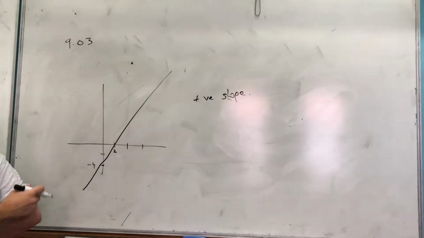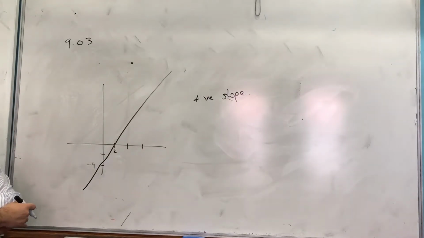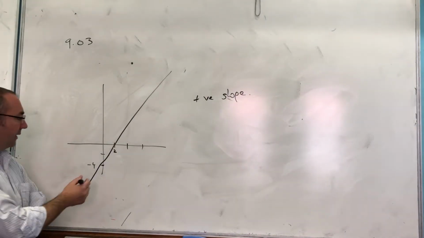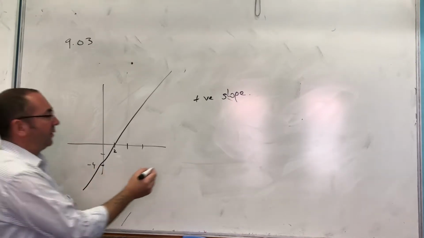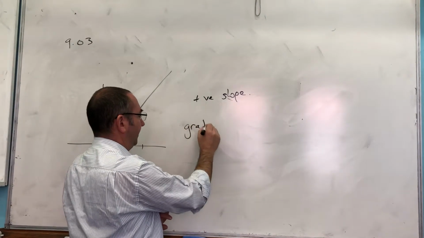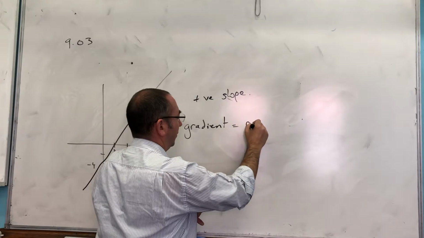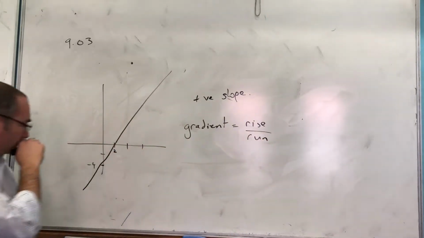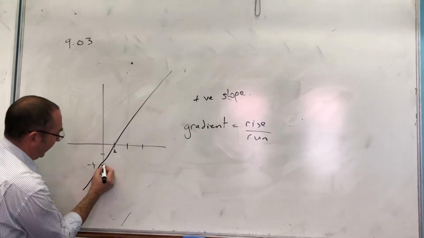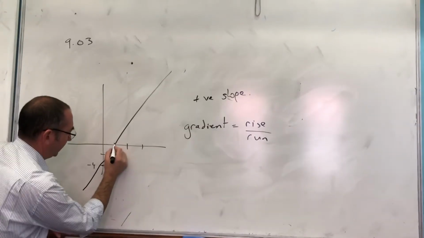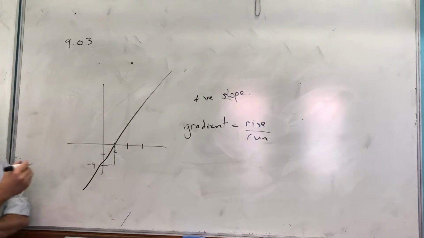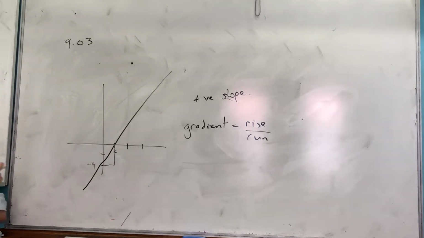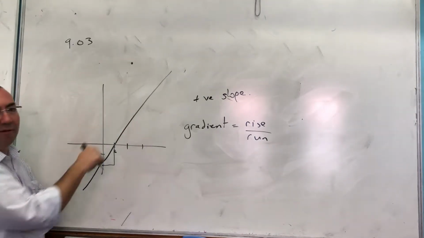What's the gradient of it? How do we work out the gradient? So, remember the gradient is rise over run. So let's carve out a little triangle here. I always find it pretty easy there at the x and y intercepts to see, otherwise you'd need graph paper.